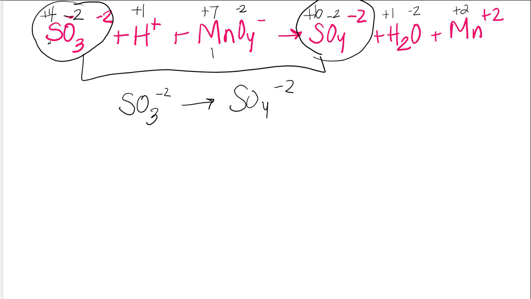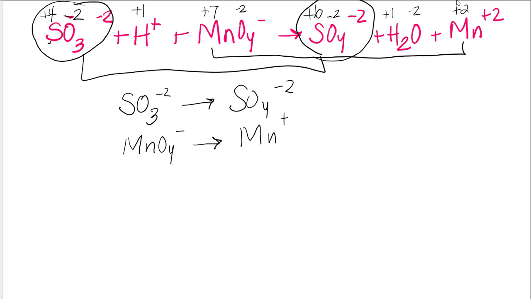And we can see that my other change here is going from Mn with a +7 to Mn with a +2. So my second half reaction would be MnO4- to Mn 2+. One of them will be a LEO and the other one will be a GER.